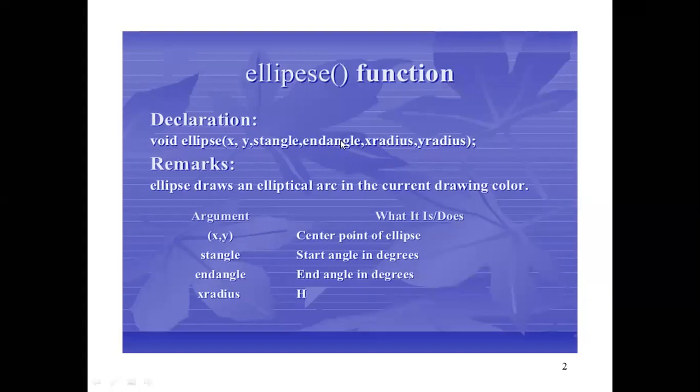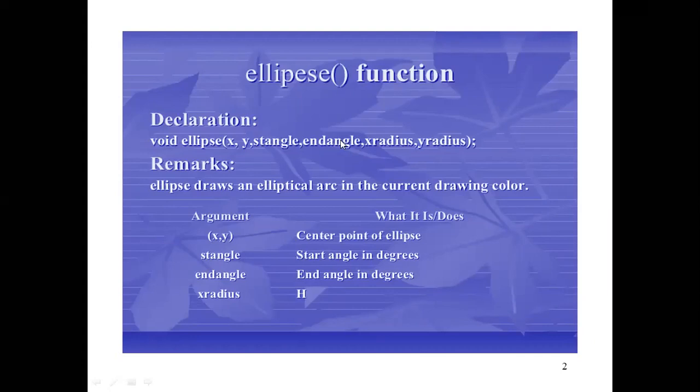So this is the syntax for the ellipse function, which we define while writing our program. We will write the complete program, but we declare the function as void ellipse, then x comma y. What is this? The center point of the ellipse.